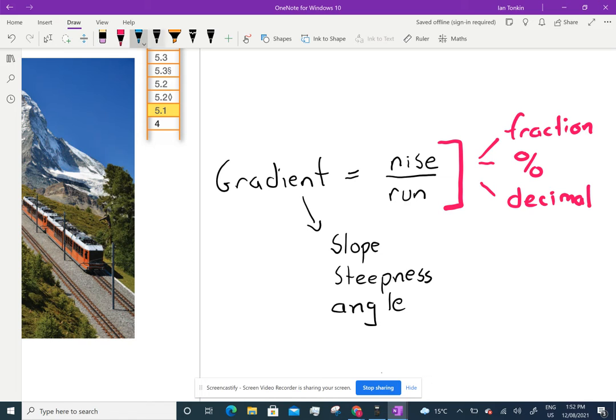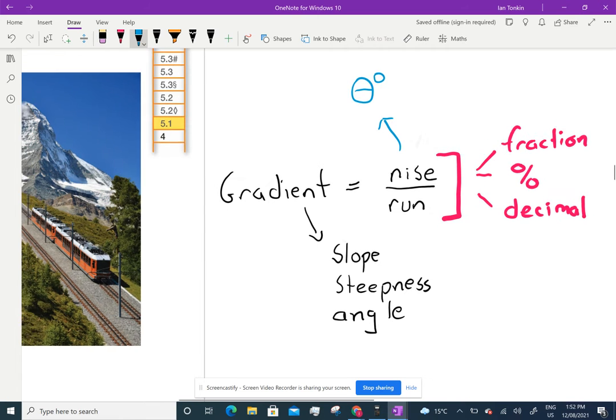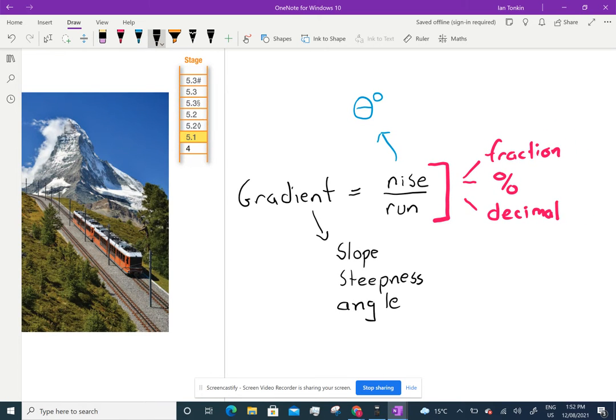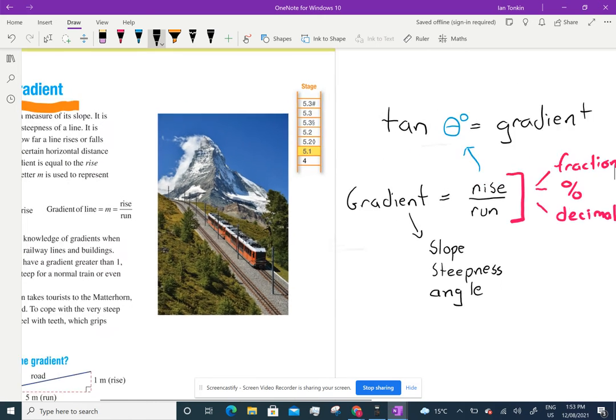Or alternatively, we can say it's an angle. And remember, from your trigonometry, you can find what that gradient is by going tan of that angle, and that will give you the gradient.